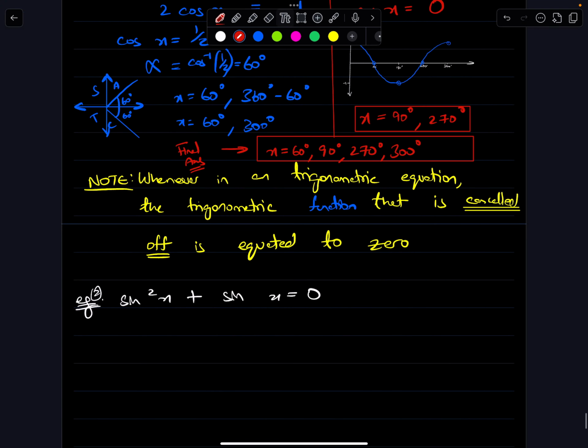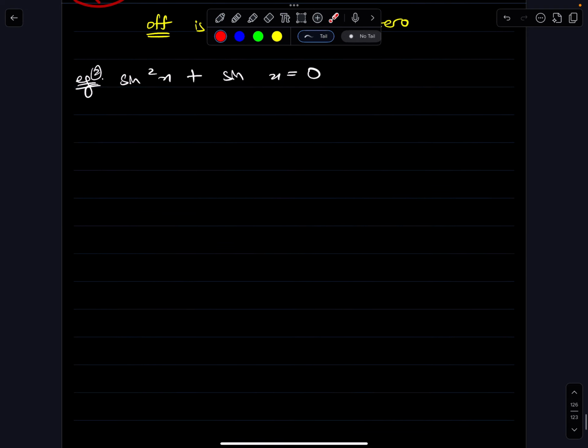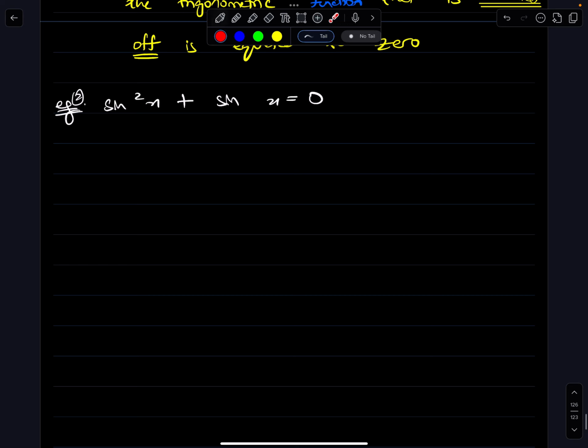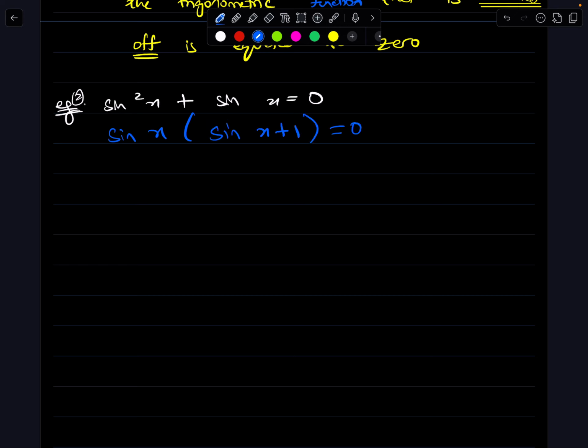And again, this is a very important one. Let's just say in this case, again, we can start off by either cancelling two functions, or instead there is another alternative method. Let's say, for example, I take sin x common. In this case, I did not have to cancel out anything.